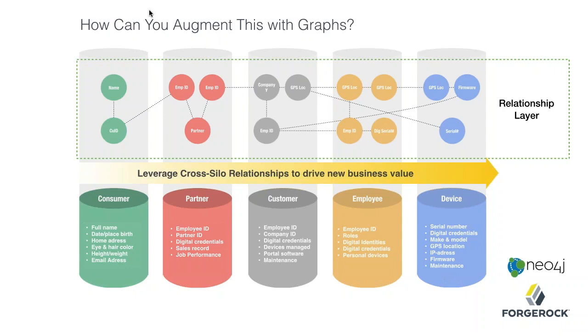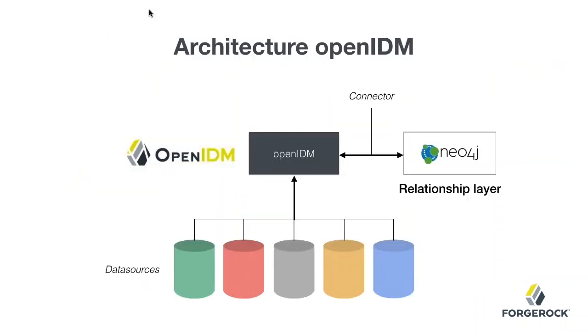And from an architect's point of view, ForgeRock uses Neo4j in a couple of different ways, and in this particular scenario, they use a product called OpenIDM. OpenIDM has a tool that extracts key data from different data sources, as in the previous example, and reconciles this in what they call the relationship layer, which is powered by Neo4j.